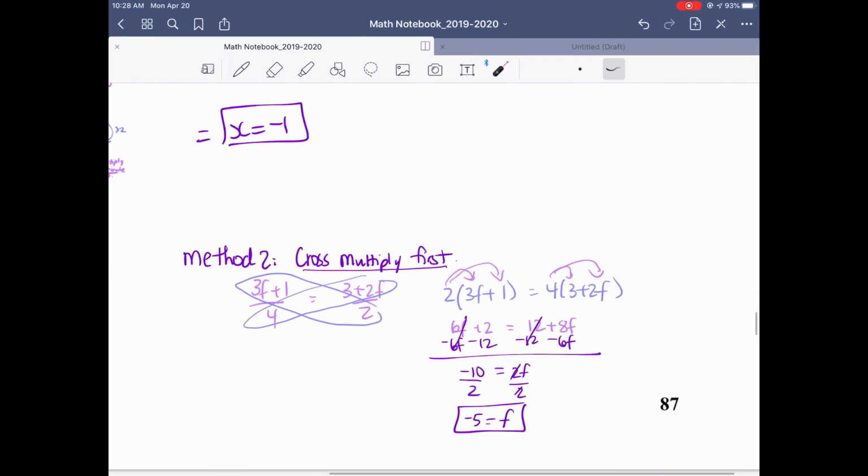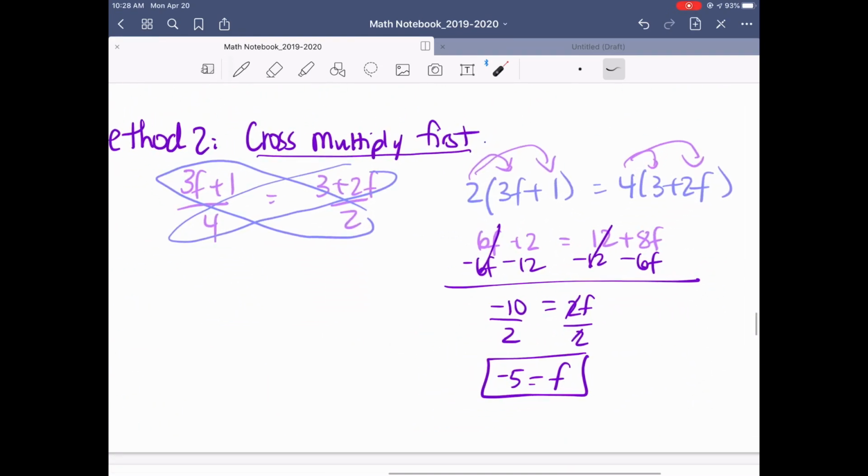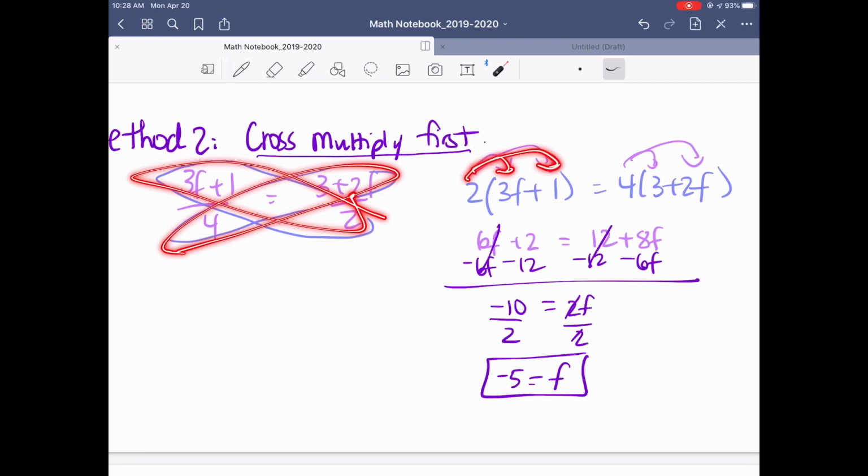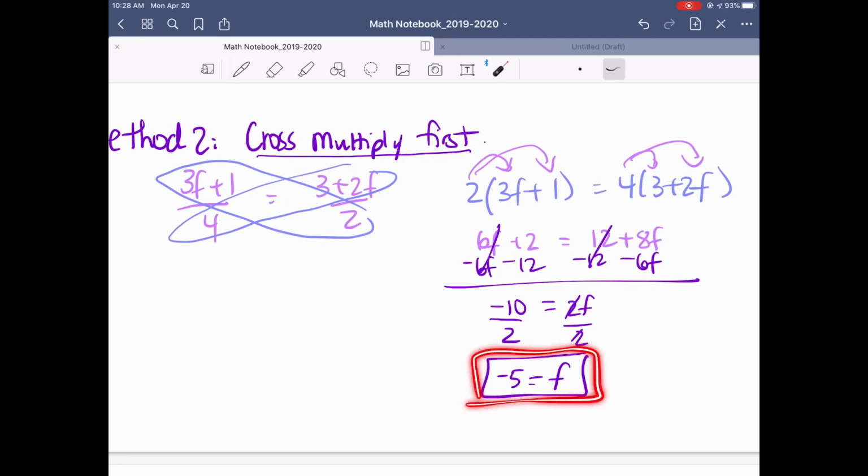There's way more than two methods to solve this, but this is the second method that I did, where you cross multiply first, and you'd have to distribute to each one, like you learned in 8.3, and that gives you 6f plus 2 equals 12 plus 8f. And then when you solve it, normally getting all the variables on one side and all the constants on the other, you still get f is equal to negative 5.